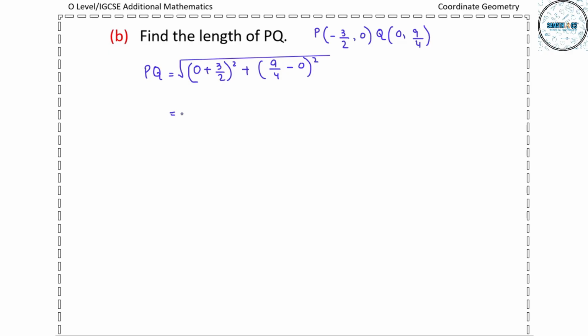We have 3 upon 2 square is 9 upon 4, plus 9 upon 4 square is 81 upon 16.